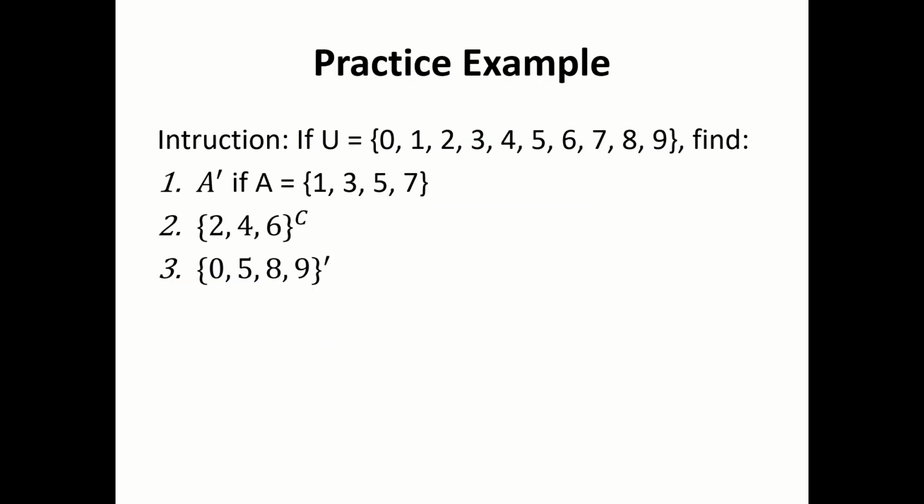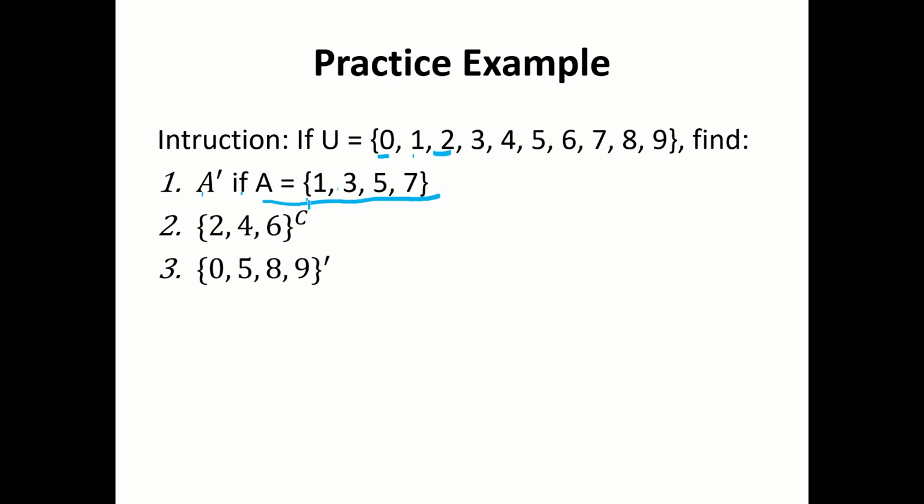Let's try some other practice examples. Every time you are asked about the complement of a set, the universal set should be given to you. So we're asked here what's the complement of set A if this is our set A. Looking at the situation, there's no 0, there is a 1, there's no 2.